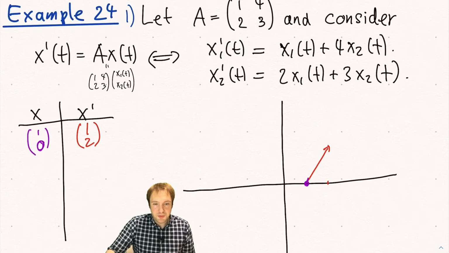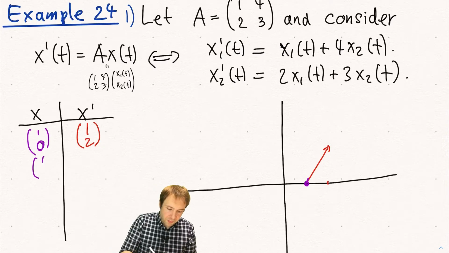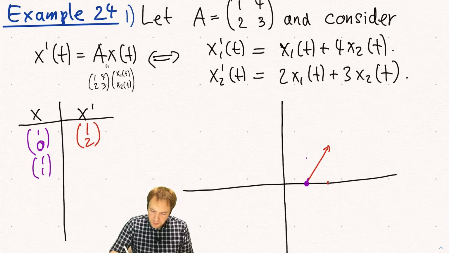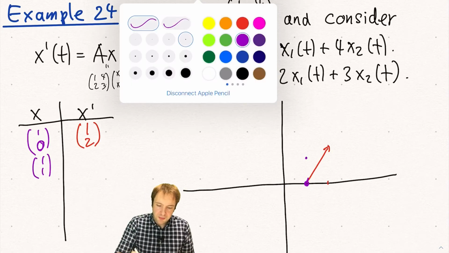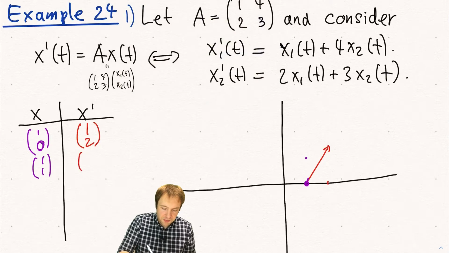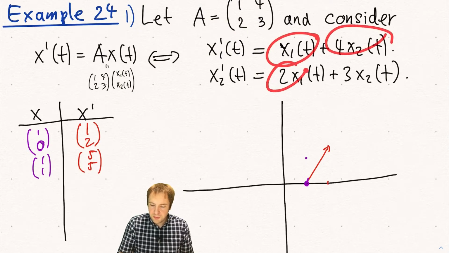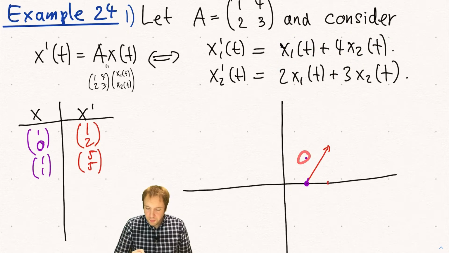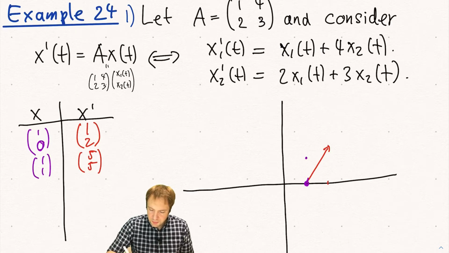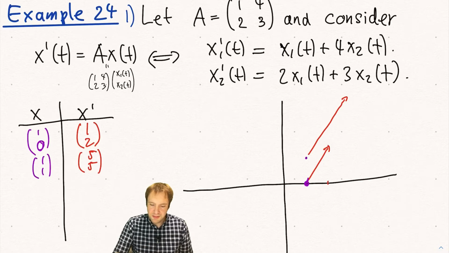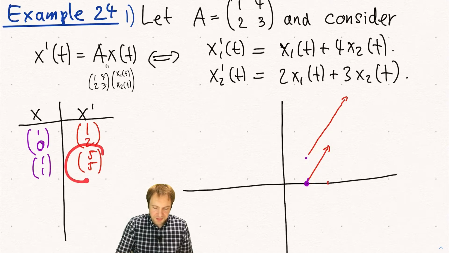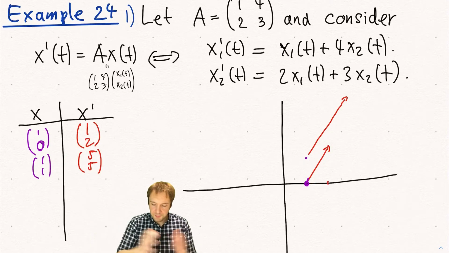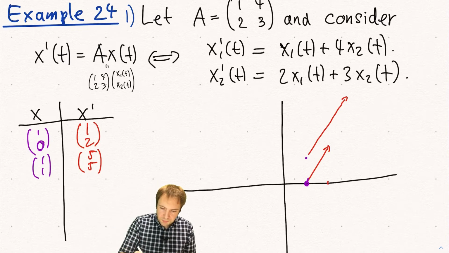And so for example, what is the value at (1, 1)? So if we have this point here, then we can calculate x prime is (5, 5), because 1 plus 4 and 2 plus 3. So if our solution would go through this point, then it should go next in this direction and a little bit faster than there, because here the derivative is bigger. And so on.